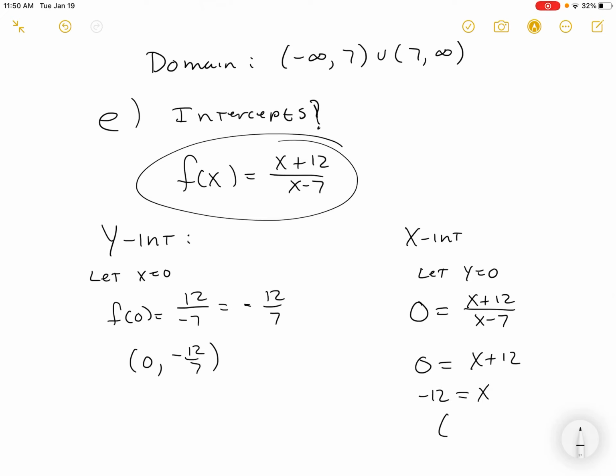And so an x-intercept is negative 12, or in ordered pair form, (negative 12, 0). Plugging those in will give you the answers that you need, right? And so we'll learn exactly how they want us to plug those in. But this is an example of those intermediate problems within 2.2. You saw the beginning ones in an earlier video, and number 10, this would be the ones in the middle. All right, good luck in everything.